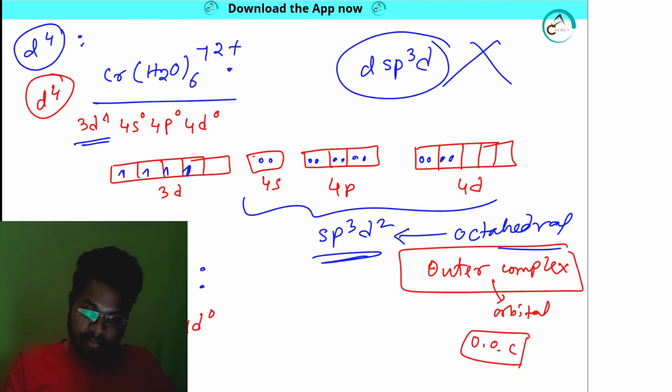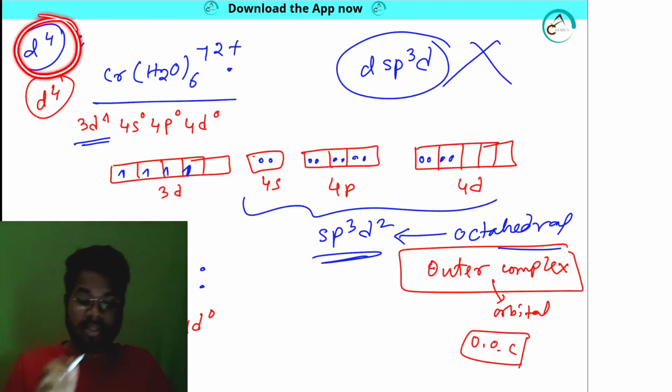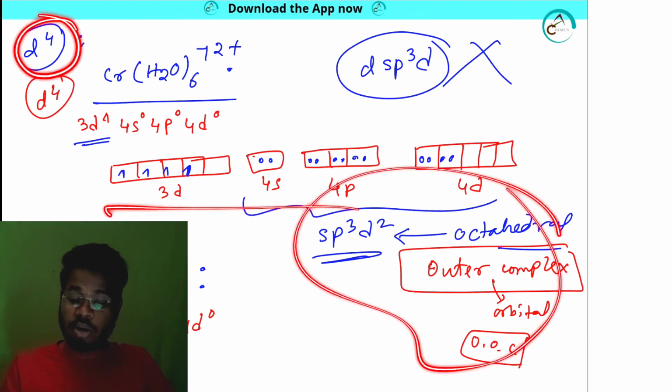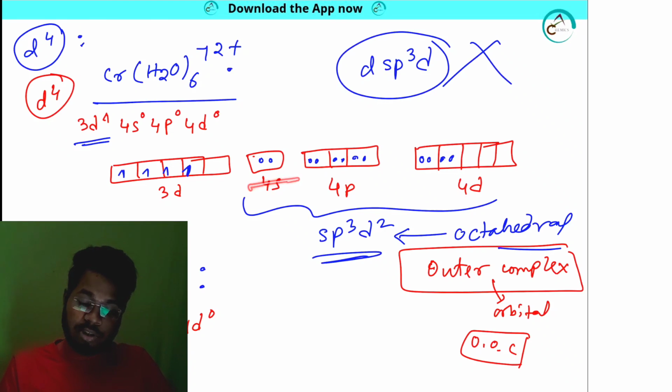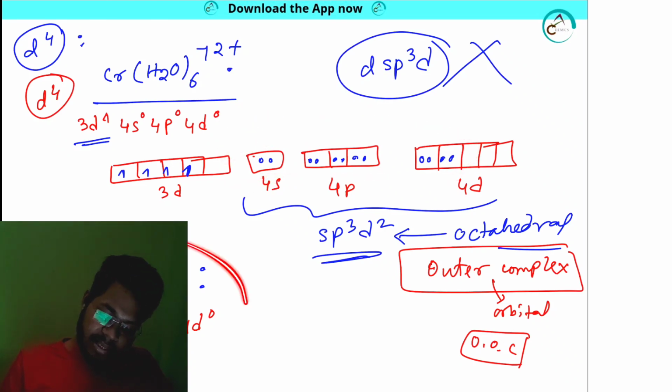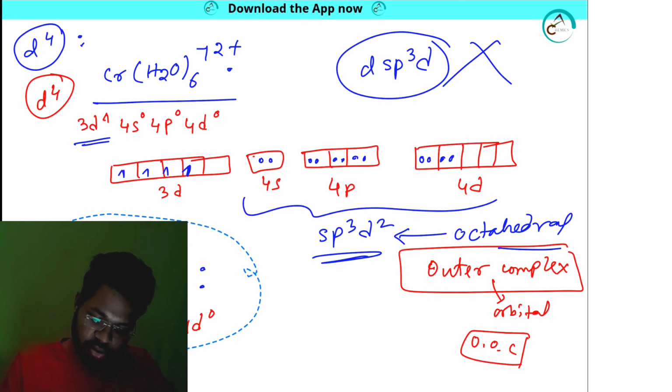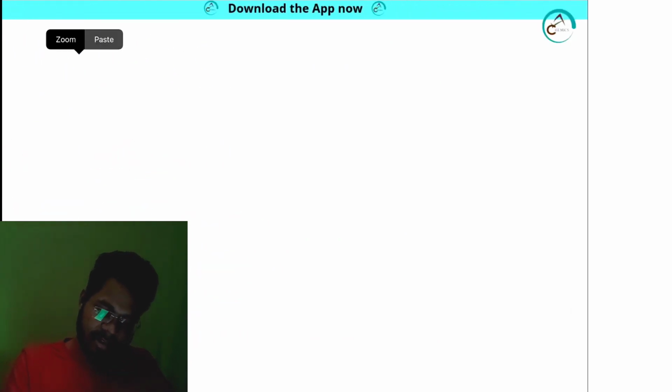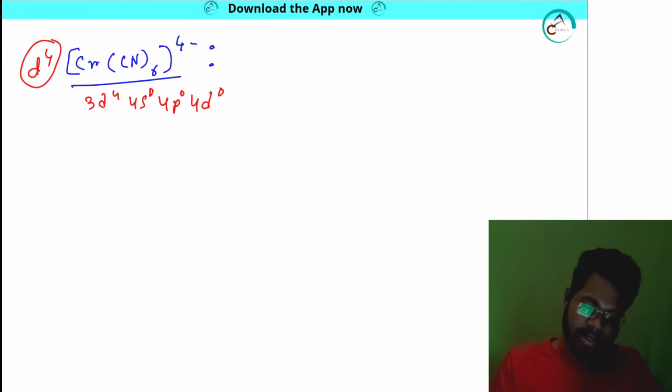But if I take this system, I am discussing the d4 system. I get an outer orbital complex because there is no place for the ligand to go into this 3d orbital. But in case of this system, what I get, let me draw the same thing in the next slide. Okay, here it is.